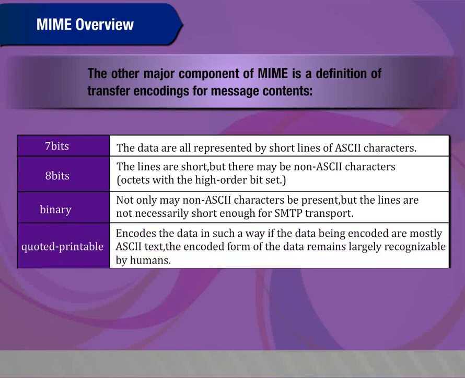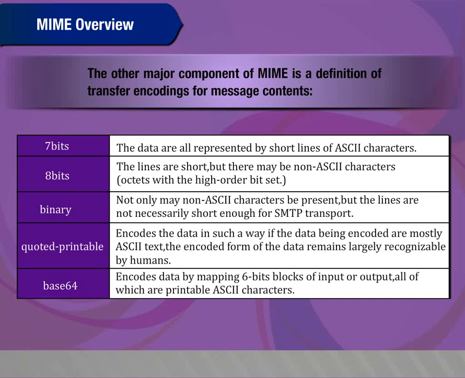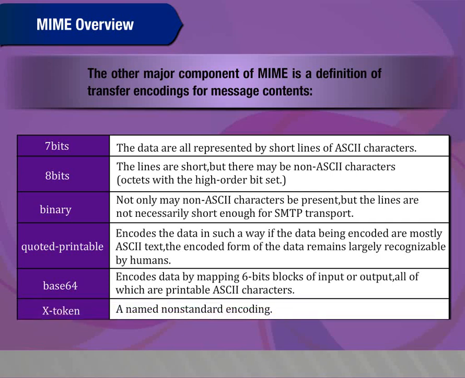Quoted-printable: encodes the data in such a way that, if the data being encoded are mostly ASCII text, the encoded form of the data remains largely recognizable by humans. Base64: encodes data by mapping 6-bit blocks of input to 8-bit blocks of output, all of which are printable ASCII characters. X-token: a named non-standard encoding.